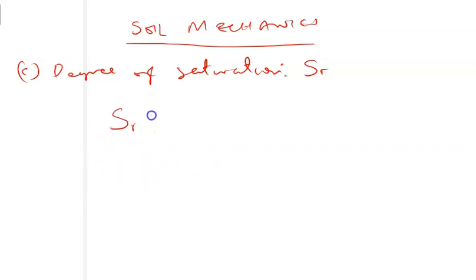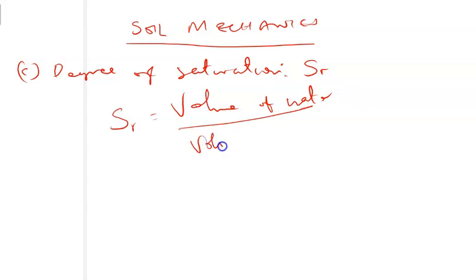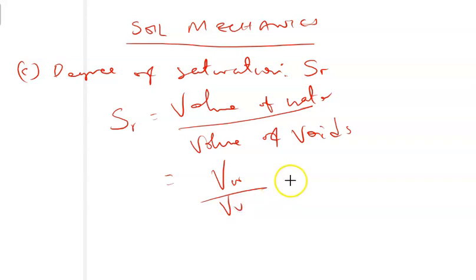So S script R is equal to volume of water to volume of voids. Remember, the volume of water is denoted by VW over VV. So when we express this in 100%, we're talking about degree of saturation. So this is our equation 5.